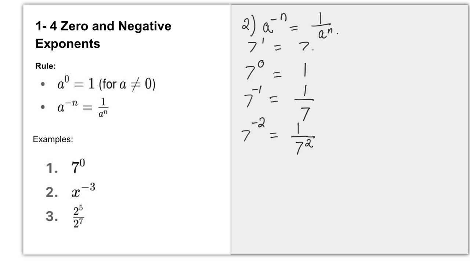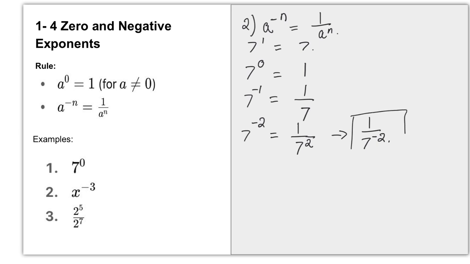Okay, so one thing that students do most often, they rewrite this as 1 raised to the 7th power, and then they write negative 2. Well, we already simplified, right, the negative exponent, rewriting it as a fraction. So when you're doing that, you're writing a fraction of a fraction.